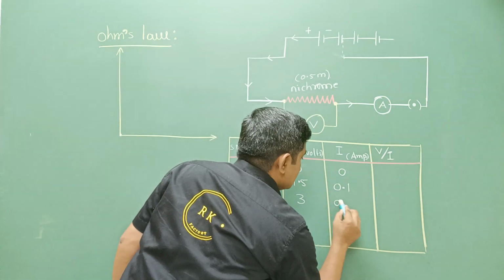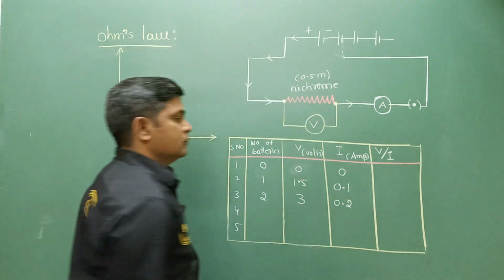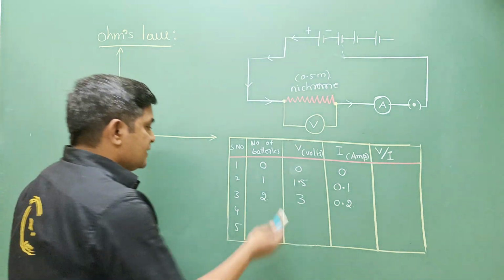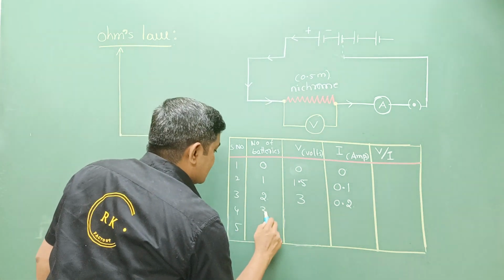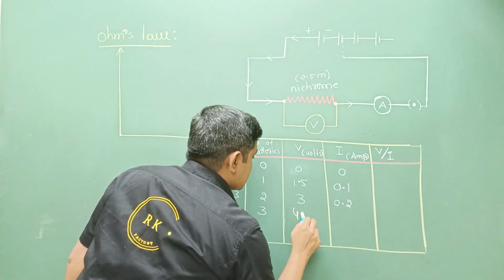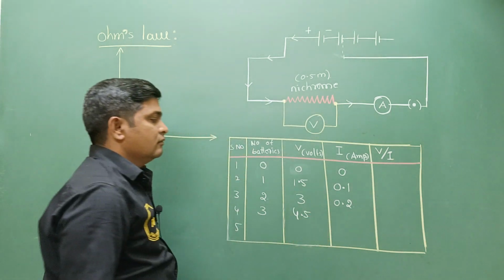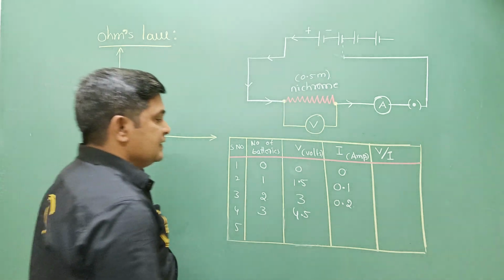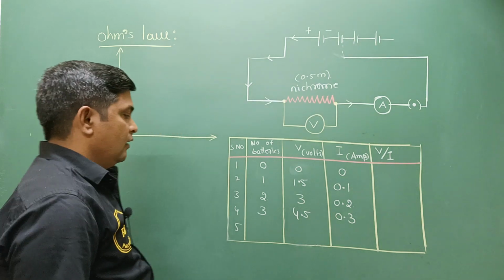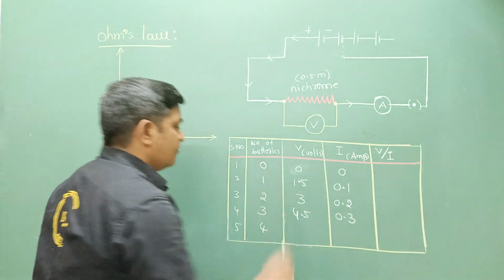Let us say 0.2 amps current is flowing in it. And next, if I have connected 3 batteries, it has 4.5 volts, then in that case it has come 0.3 amps. Next, 4 batteries have been connected.